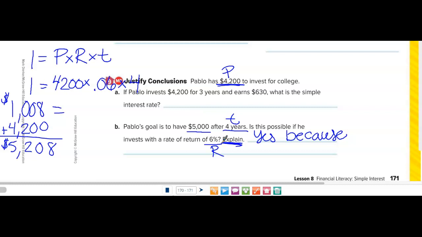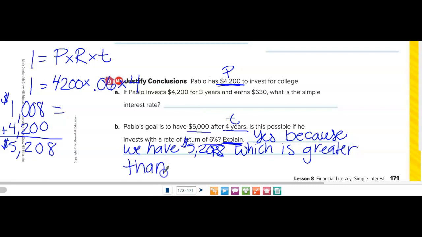Over 5,000. Because we have $5,208, which is greater than 5,000. If I can write that out, you can write that out. Okay?